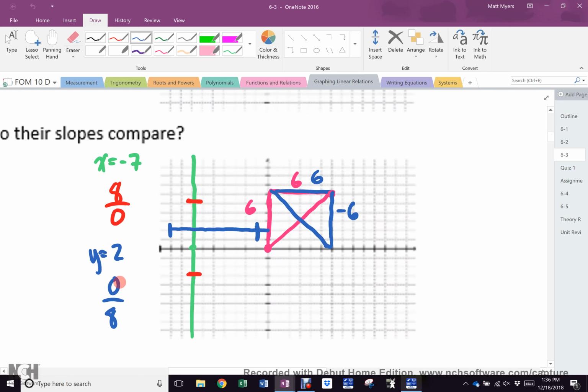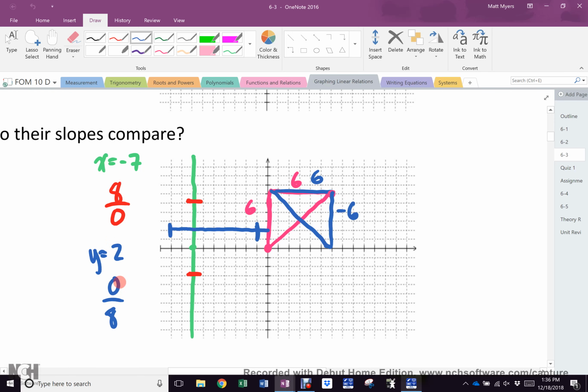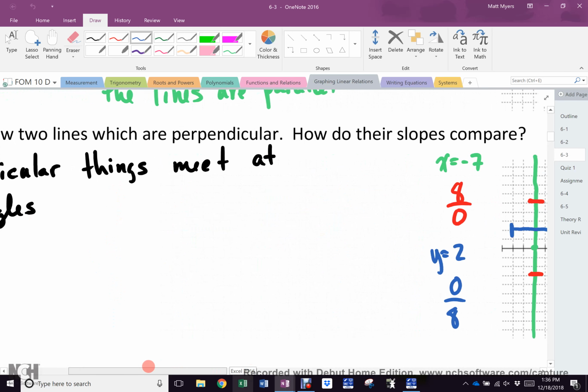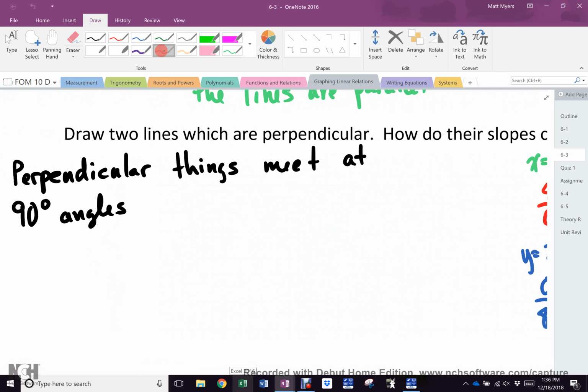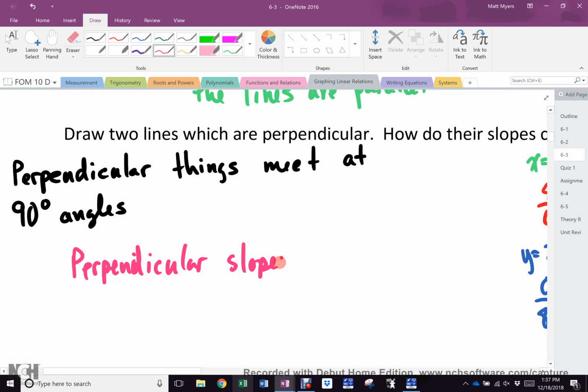Oh, wait. Forgot these. Parallel lines have the same slope. Perpendicular lines have opposite reciprocal slopes. So, fill in these next 7 answers.